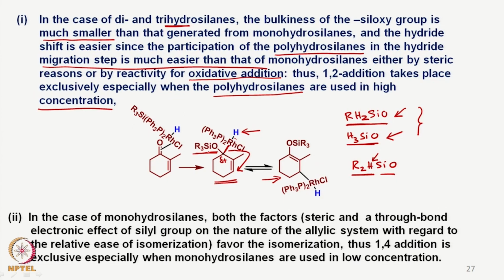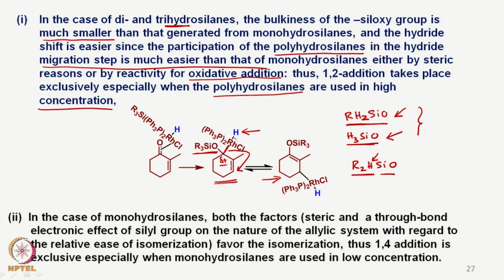The steric hindrance between the siloxy group and the rhodium part is large when it is monohydrogen containing silane, and therefore the steric hindrance allows it to move away from the system, and it goes to the other end of the double bond, and also during the process you have delta positive.